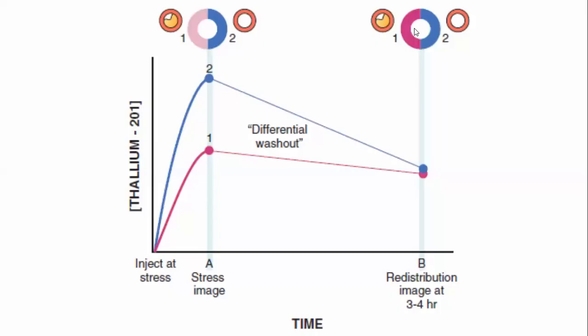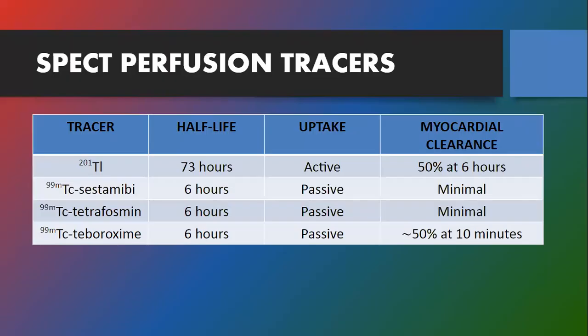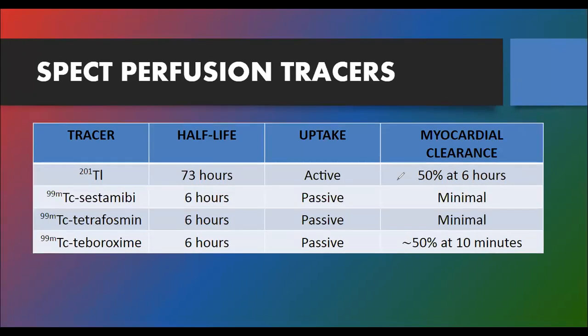So this is differential washout, as you see here, written myocardial clearance for the thallium and for the isotope tracer teboroxime. What is this clearance?